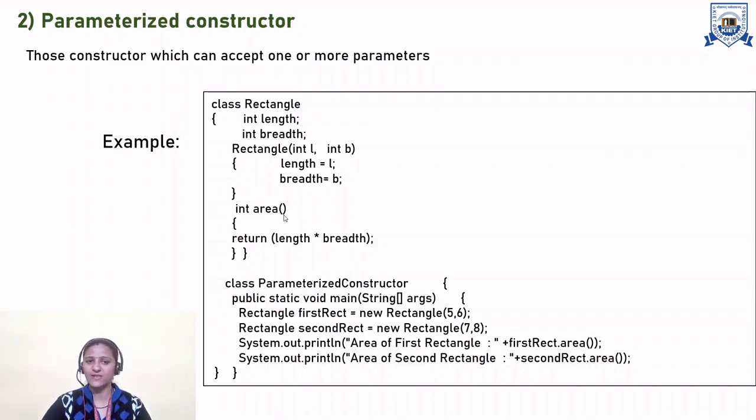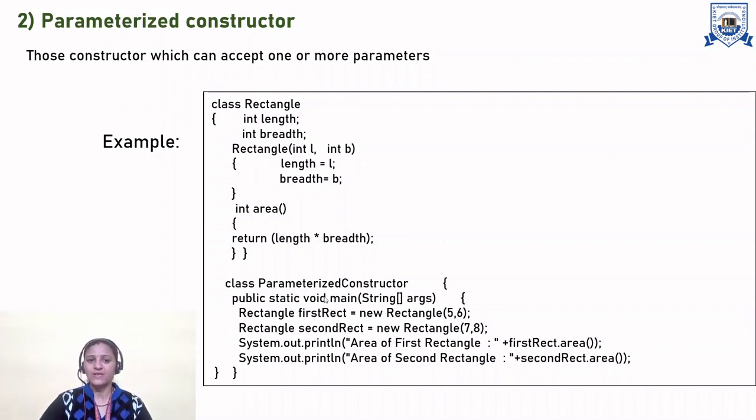So whenever it is called, it will return the multiplication of length and breadth. As this is a constructor, it is not needed to be called. As soon as we make the object, this constructor will automatically be called.